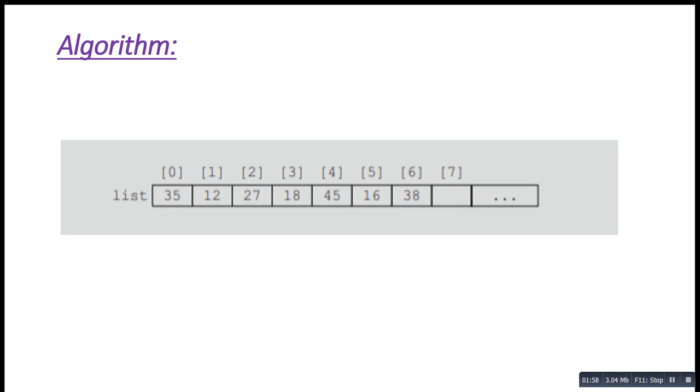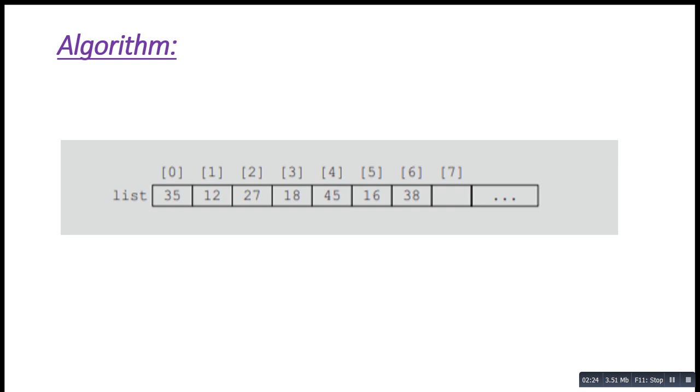So it goes to the next element, index 1, the second element, that is 12. Then again it checks whether 27 is equal to 12 or not. It's not. Then it jumps to the next element, that is index 2, or the third element. So it is equal, and it returns the index.